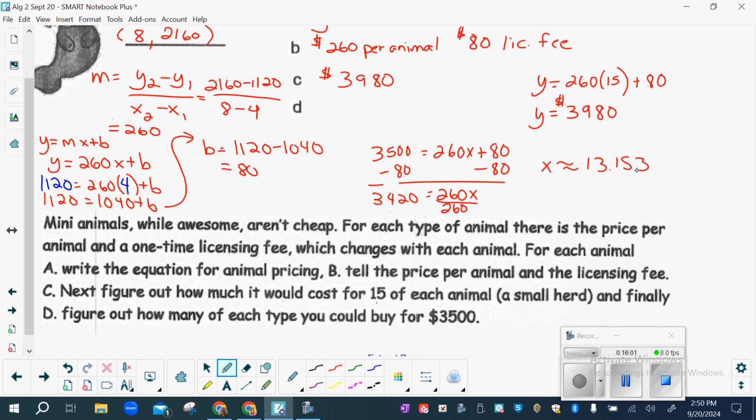And then what would be how many manatees? 13. What's the manatees, right? Manatees, thank you.